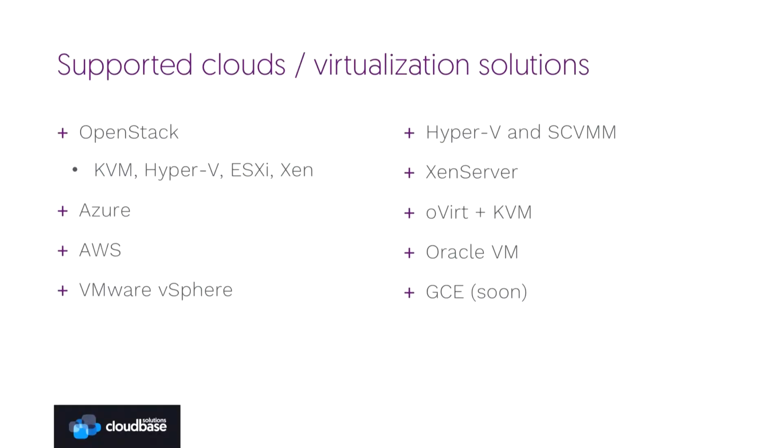Supported clouds and virtualization solutions: OpenStack with KVM, Hyper-V, Azure, AWS, VMware vSphere, Hyper-V and System Center, Xen Server, oVirt KVM, Oracle VM, and GCE also to be added soon, okay?